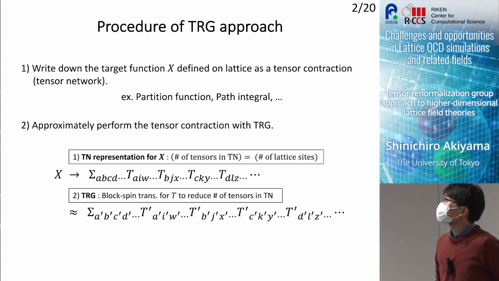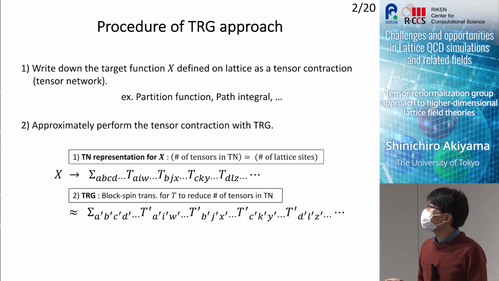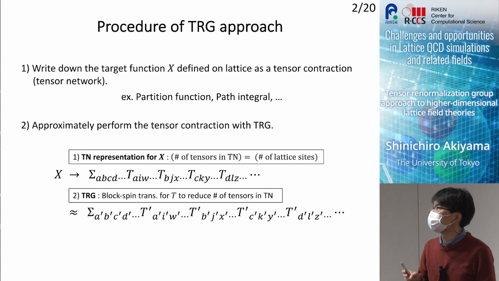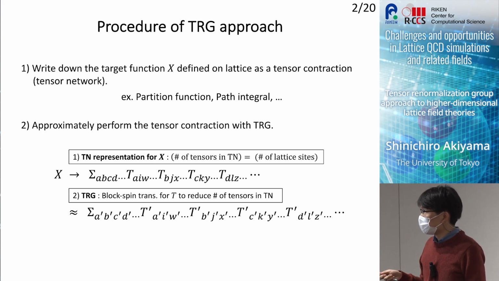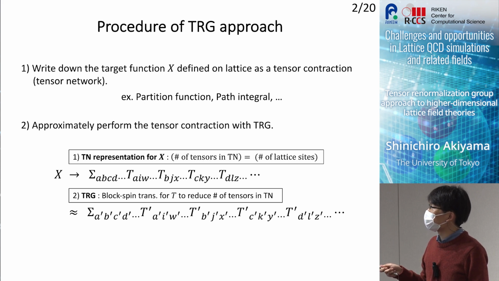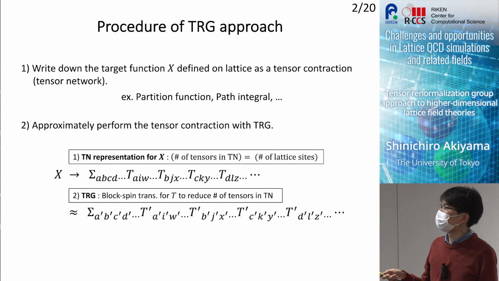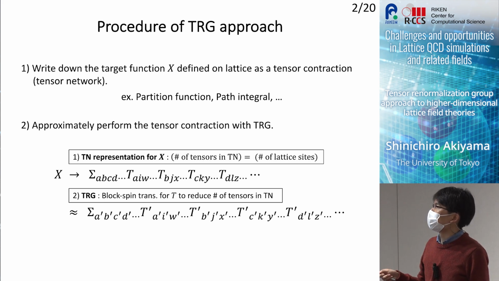Within this TRG approach, all we have to do is just two things. One is to write down the target function defined on the lattice as a tensor contraction. In this talk, I'd like to refer to this type of tensor contraction as a tensor network, or the tensor network representation of the target function. The target function is what we want to evaluate numerically, and usually we consider the partition function or its path integral representation.